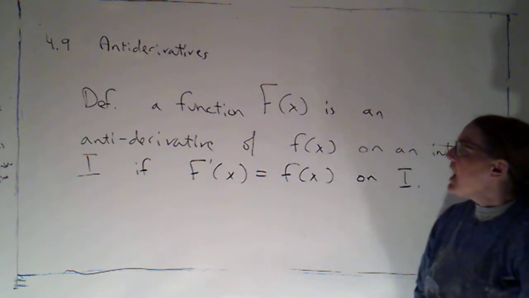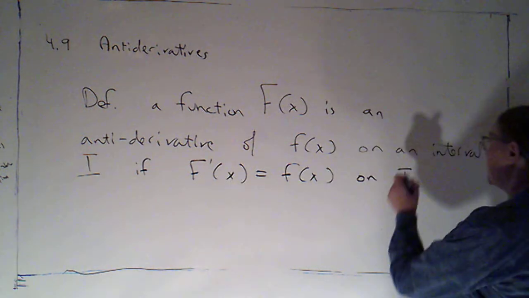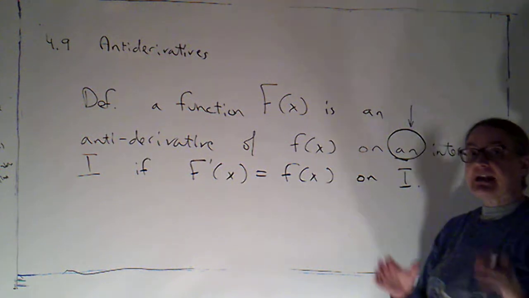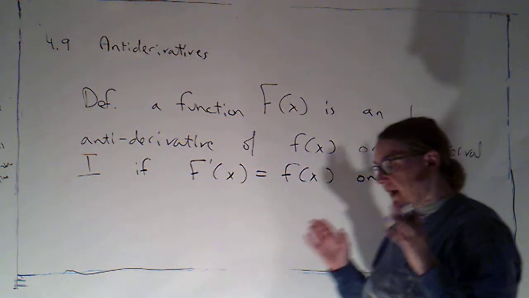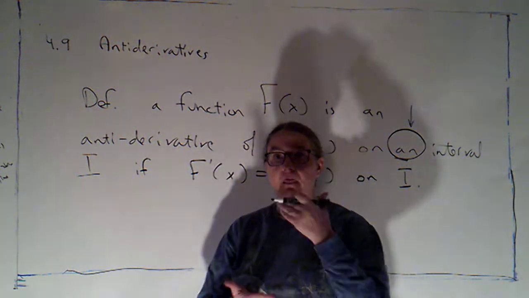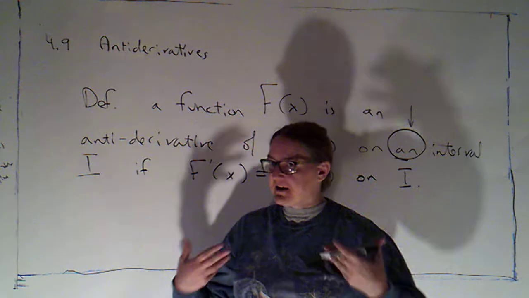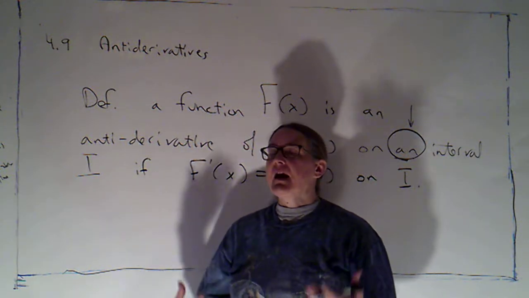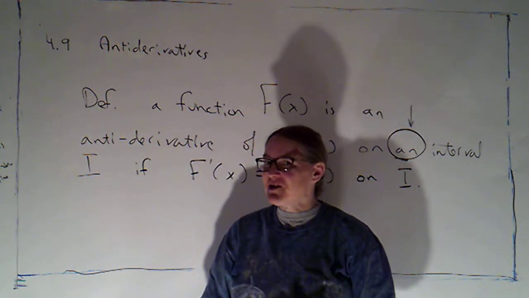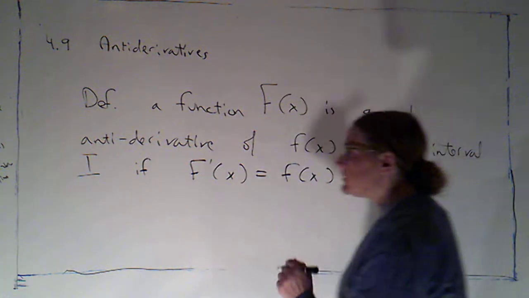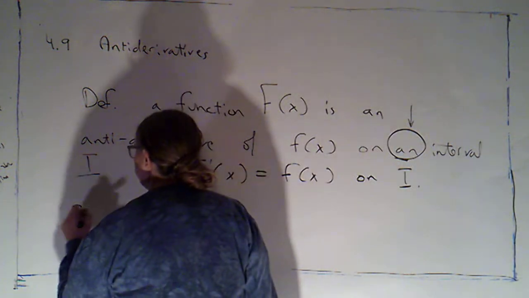One important thing in this definition is that it says "an." It does not say "the." So if I have a function, I can ask you to take the derivative. Every function that's differentiable has one and only one derivative. However, if a function has an antiderivative, it has lots of them. They're not unique.